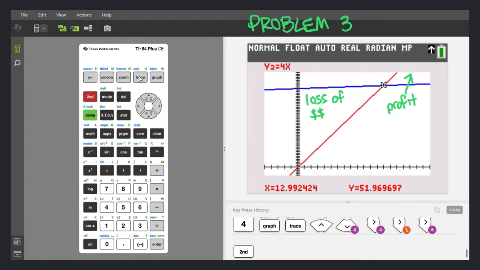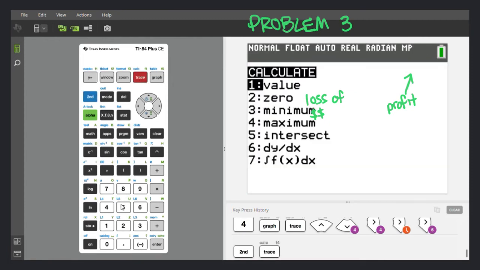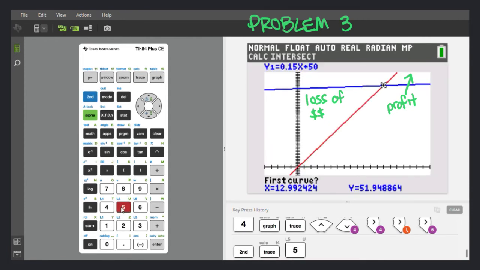Okay, let's find that intersection point. So second, trace, intersect. Notice how I'm right there, but that doesn't mean I'm actually there. So I move left just so I could see that I'm on one or the other curve, the blue one. So press enter, enter again, and then again I just go close.